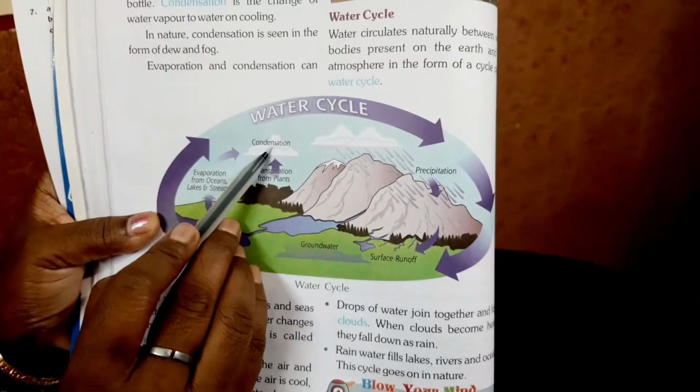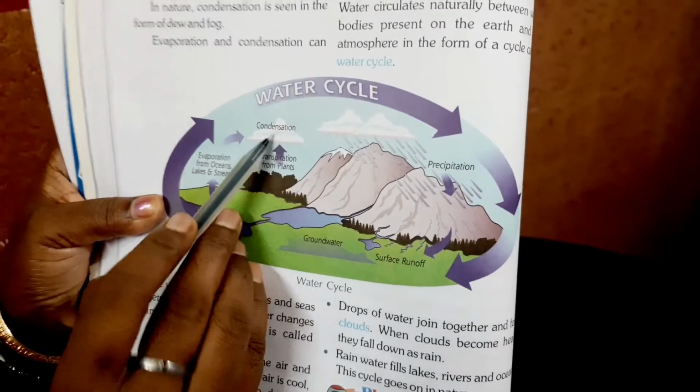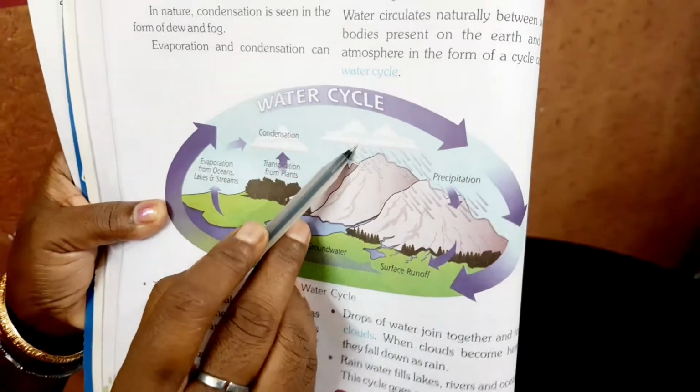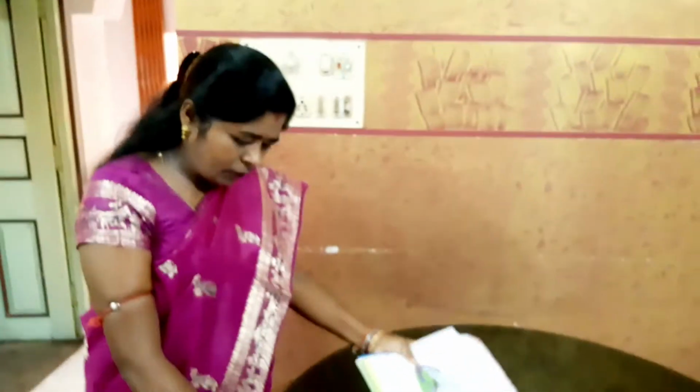When it reaches the cloud, it cools down and becomes snow or drops of water. When it becomes very heavy, it falls down as precipitation. So this cycle goes on repeating. The water cycle is very important because it provides a continuous water supply to all living things.